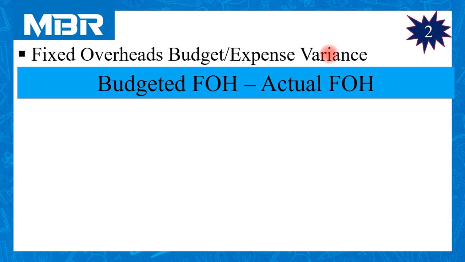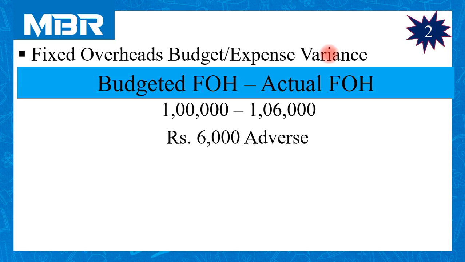Both these pieces of information are ready-made available to you in your question. Budgeted overheads are 1 lakh. Actual overheads 1,06,000. So the difference is rupees 6,000 adverse.